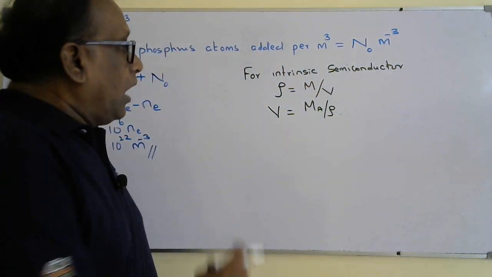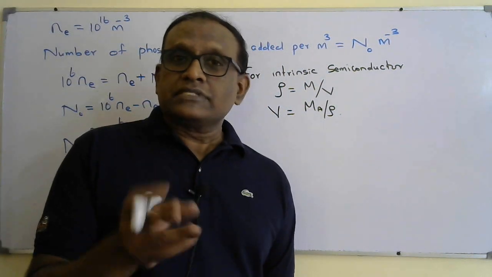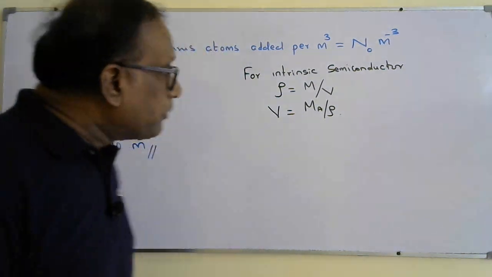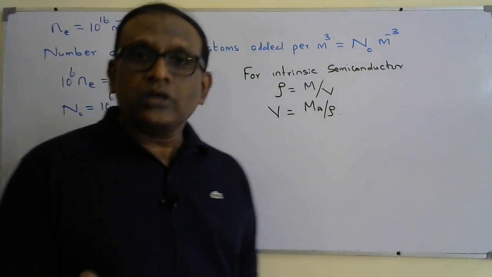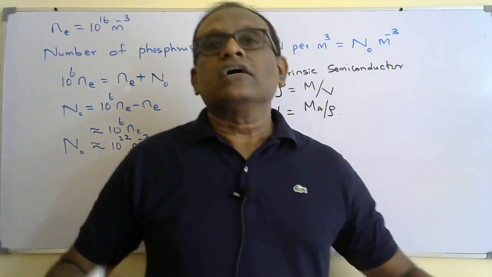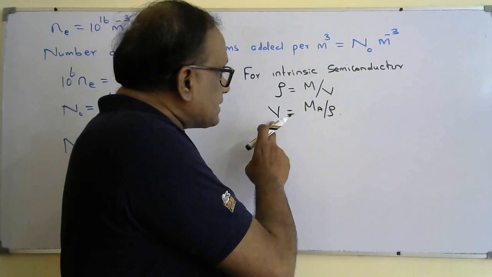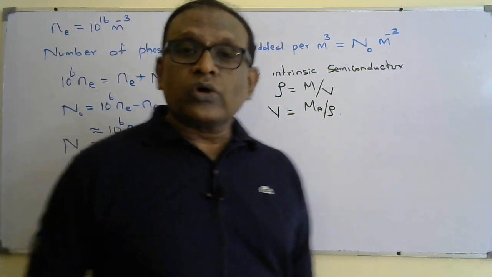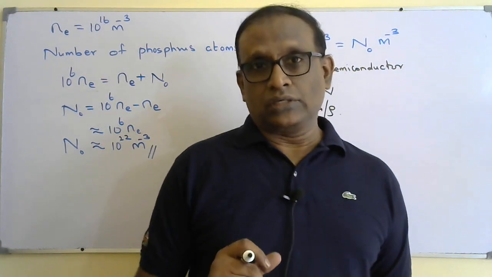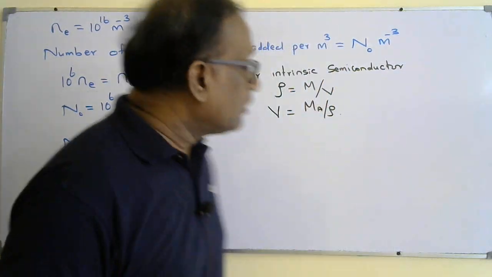So I know the number of atoms in 1 mole of silicon, that is the Avogadro number. So the number of atoms in 1 mole is equal to Avogadro number, 6.02 times 10 to the power 23. Its volume in 1 mole is Ma over rho. So I can find how many silicon atoms are in 1 meter cube. So how can I find it?